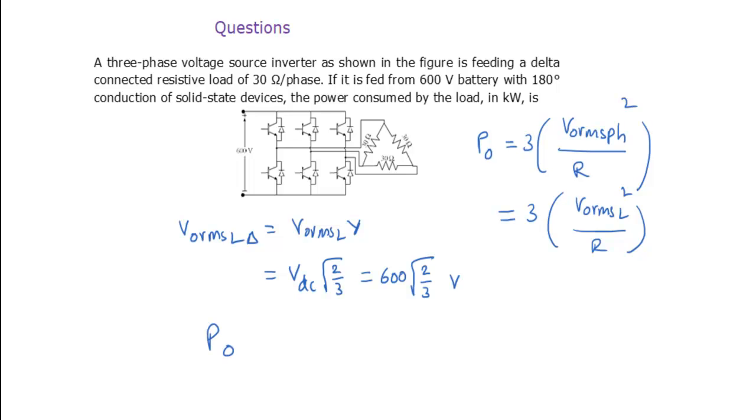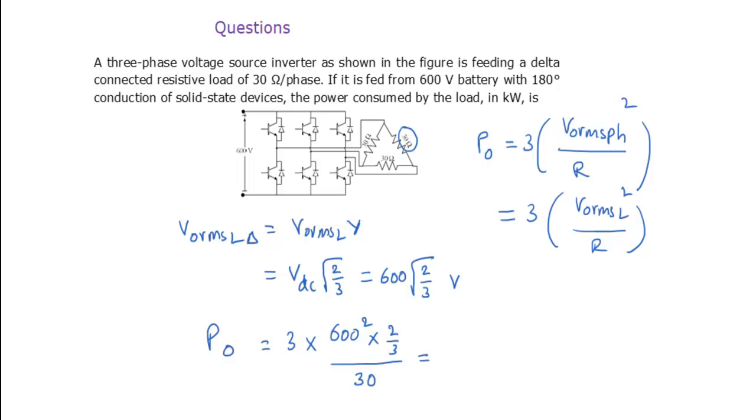So the power consumed by the load is 3 into, you can use this one also, that's not an issue, 600 square into 2 by 3 whole divided by 30 ohm. You can simplify that.